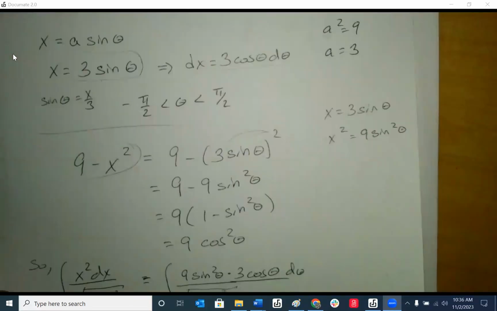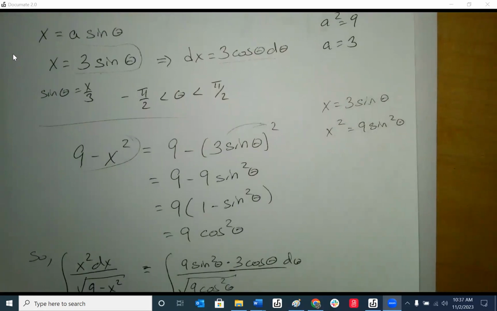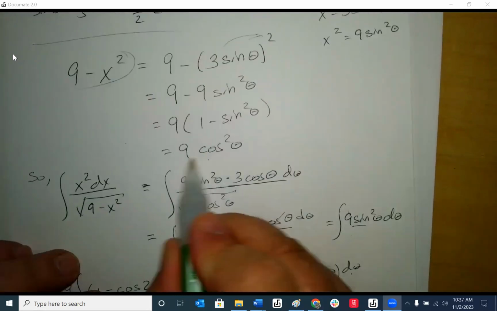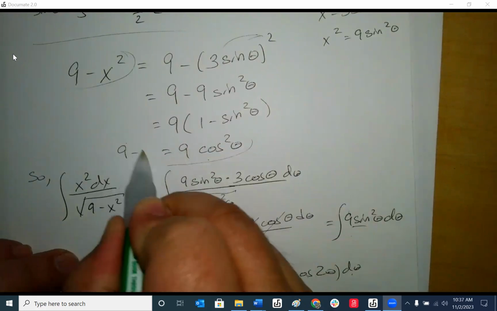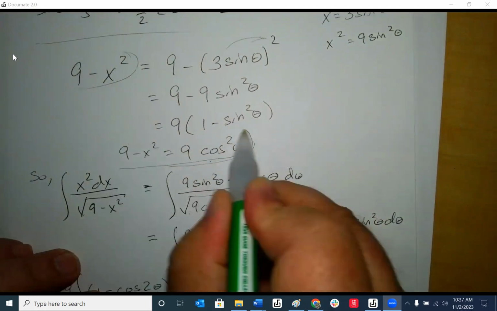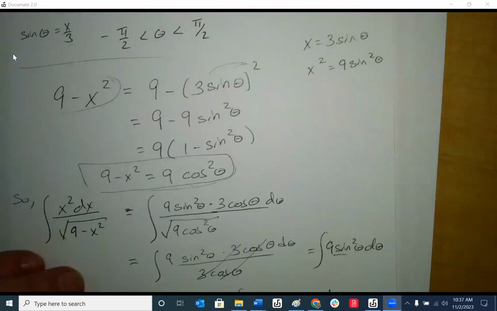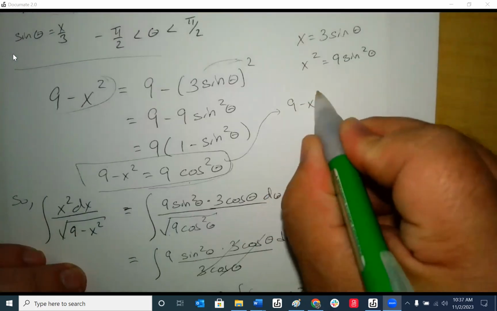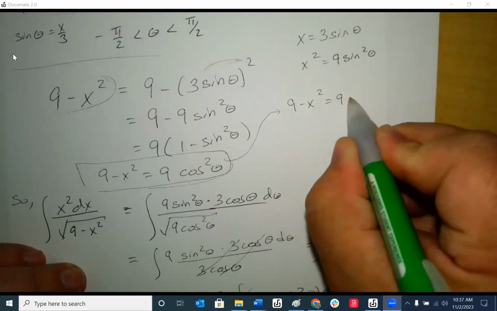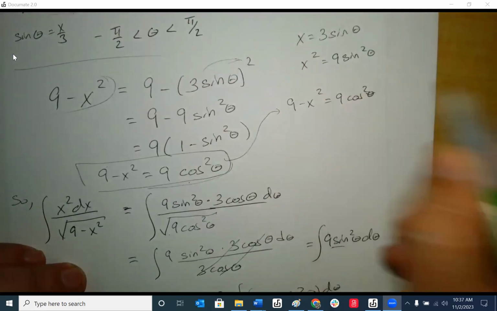Okay, what's cosine? When we find cosine from this, 9 minus x squared equals 9 cosine squared theta.